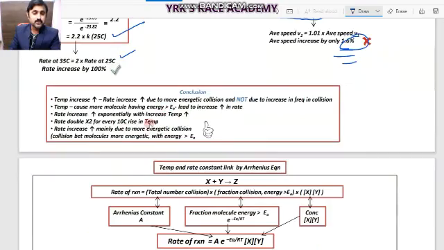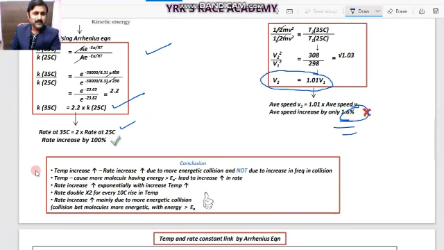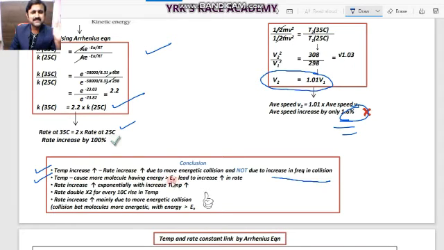So what is the conclusion from the above? Temperature increases, rate increases due to more energetic collisions, not due to an increase in the frequency of collisions. Another point is that temperature causes more molecules to have energy greater than activation energy, which leads to an increase in the rate of reaction.